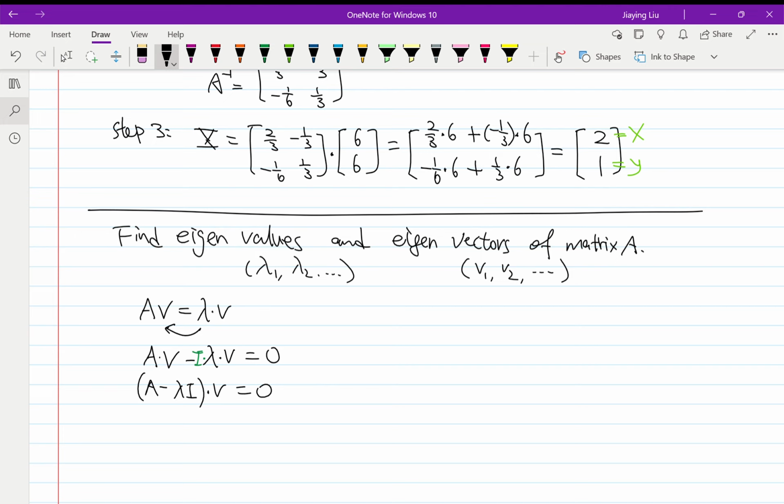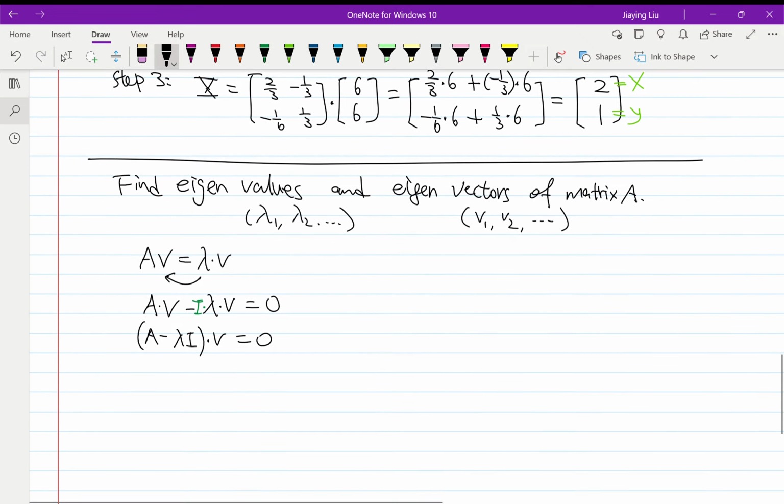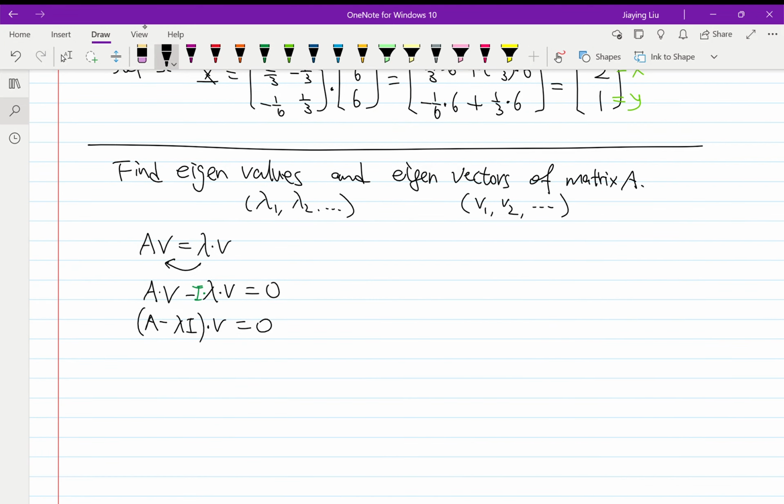Because lambda times I is a matrix, and A is a matrix, you can actually subtract. So here we have A minus lambda I times this vector v equals 0. And if we want a non-zero vector v, then the determinant of A minus lambda I must equal 0 in order for us to have a non-zero vector v as a solution to the equation.